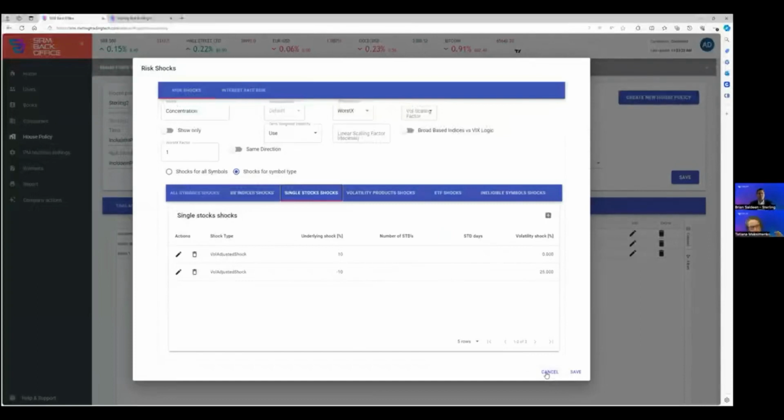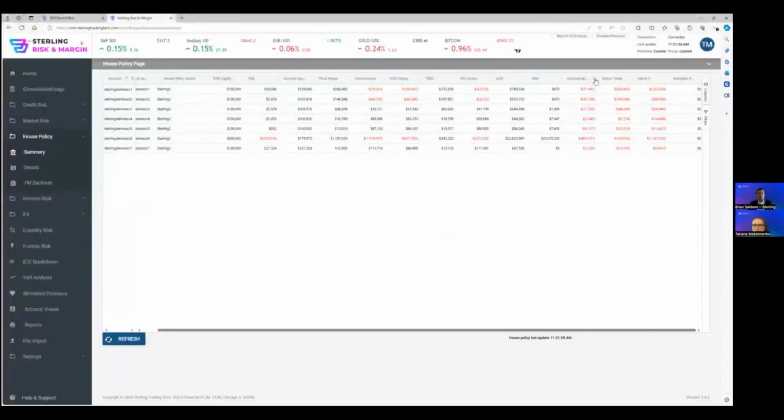So it will come up for each position with the worst outcome between these 2, and then it will compare all positions and find the position with the worst number, and that will be the concentration risk. If you look here, our concentration number is in the column. For the first account, it is $57,000, second account, $43,000.